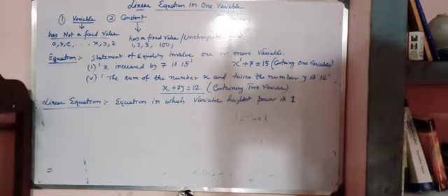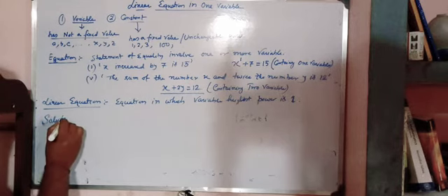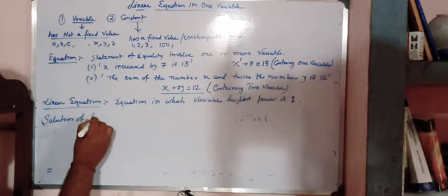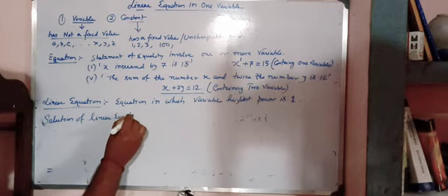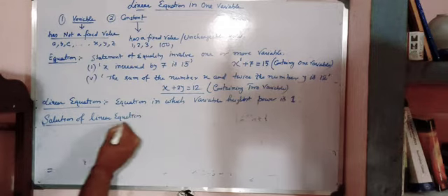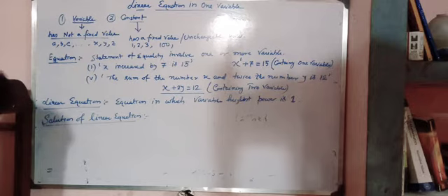Next, solution of a linear equation. A number which makes LHS equal to RHS when it is substituted for the variable in an equation is said to satisfy the equation and is called the solution of the equation.